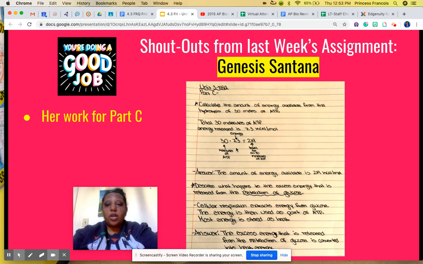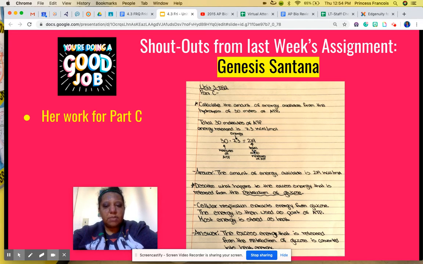So in order to figure out the total amount of energy being produced for those molecules, you would literally just multiply the 7.3 kilocalories per mole by 30, and you will again get the answer of 219 kilocalories total.